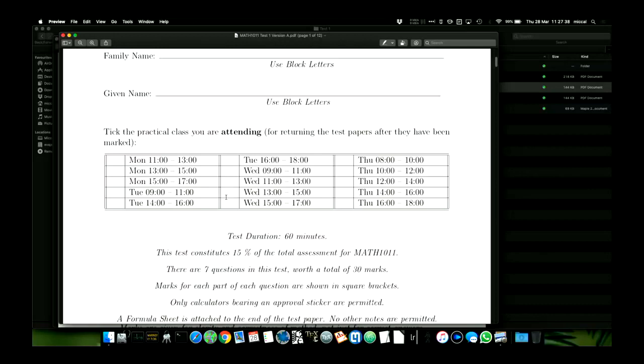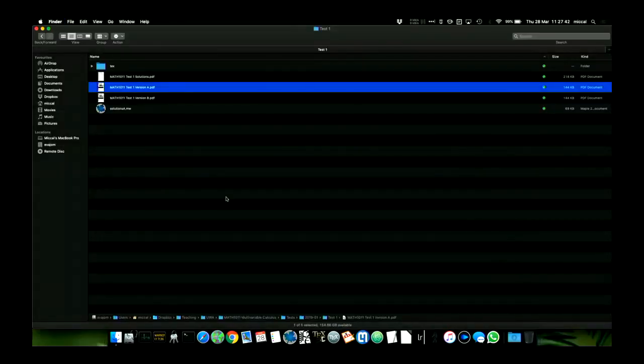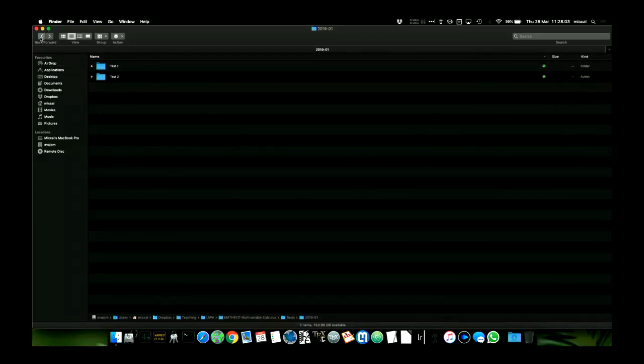So, any other questions? Anything at all? Something in the sample test you weren't sure about? Yes, here we go. I think it was question 5. In question 5, in the solutions, there's one point where it's like 1 over sec squared.